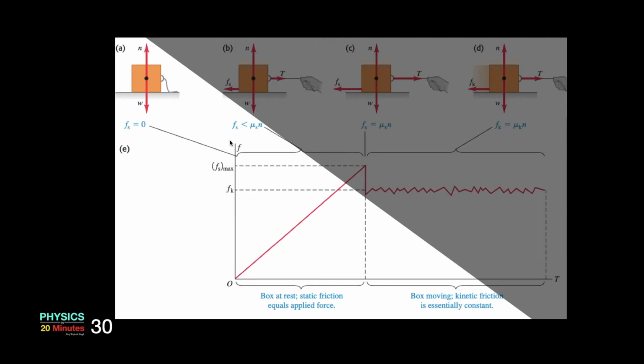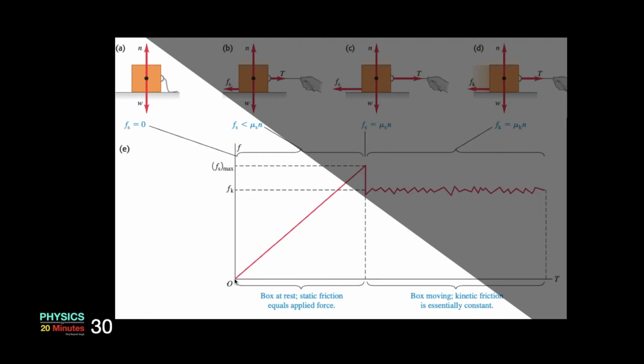In this graph, we will plot tension in the string on the x-axis and the frictional force on the y-axis. For the first diagram, tension is 0. So on the tension axis, we are at the origin. There is no frictional force, so we are again at the origin for friction.